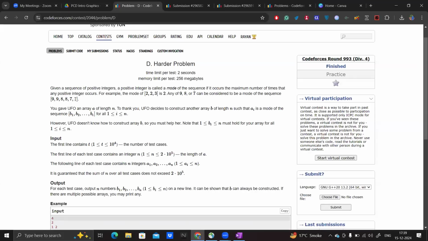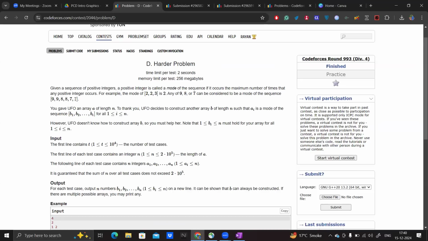For example, if the definition of mode was, out of all the maximum occurring elements, the one with minimum value, then the answer would be unique. But in this case, the answer is not unique for mode, right?